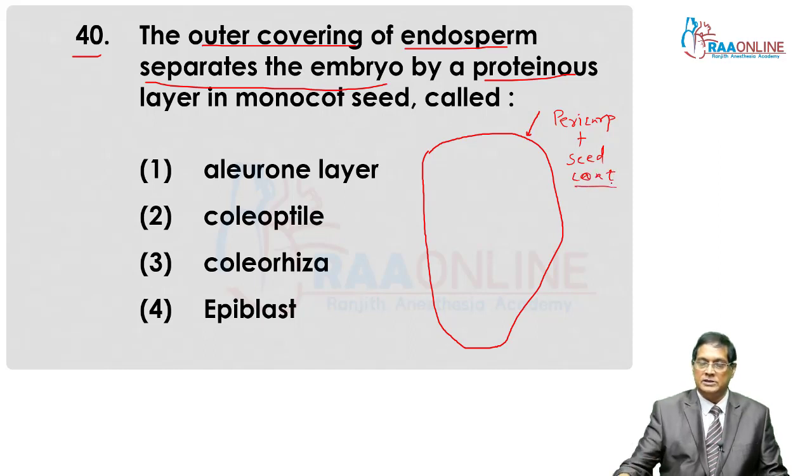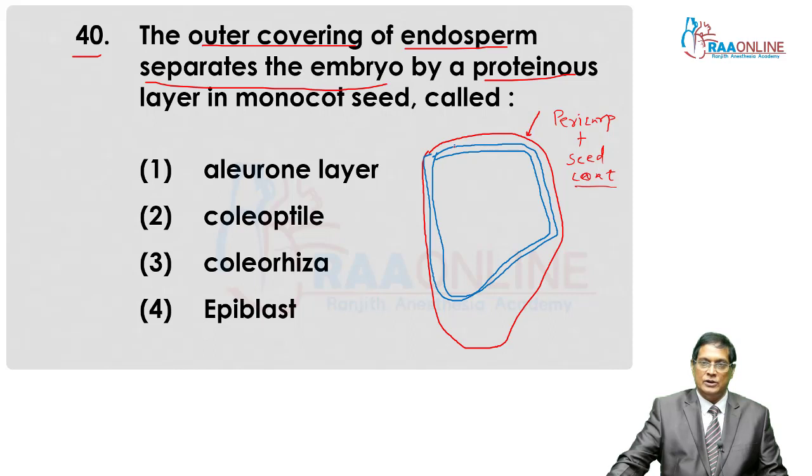After that, there is a covering which surrounds the endosperm. This is the aleurone layer. The covering of endosperm is known as the aleurone layer.